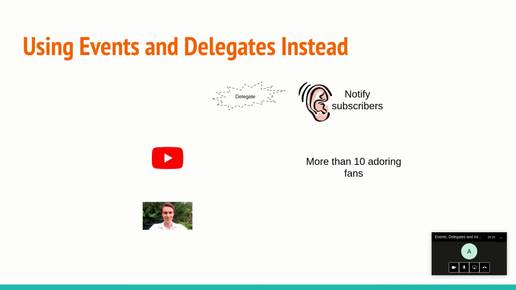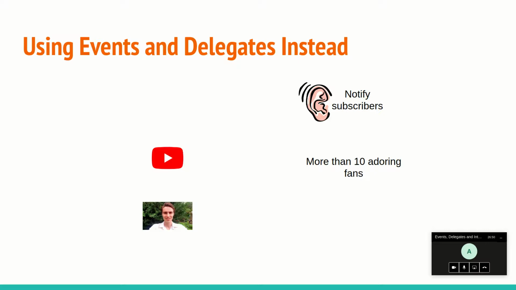But obviously notify subscribers has an ear now, but it doesn't know what it's listening for. It doesn't know what the sound will be, if you like. It doesn't know what the structure will be that it's listening for, what the events it's listening for will sound like. So we need a way to define a contract or a signature.